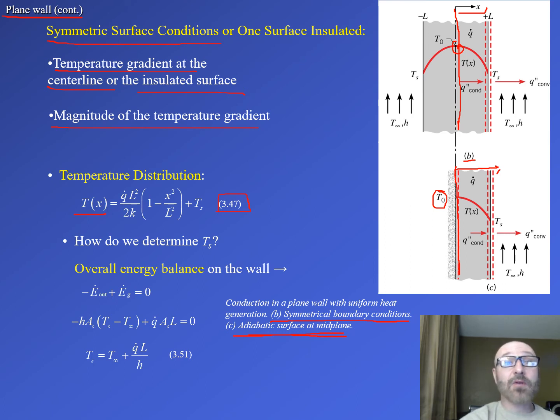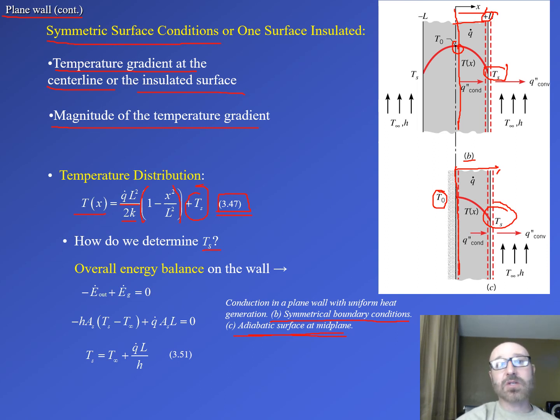We have our q dot times our L squared, where L is our value as we're moving out in the positive x direction, all divided by 2k, where k is our thermal conductivity, a lookup value for our material, times 1 minus x squared over L squared, plus our surface temperature, T sub s. Again, this relates back to 3.47.